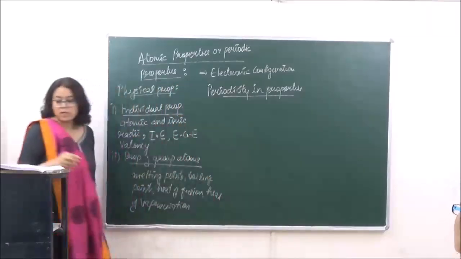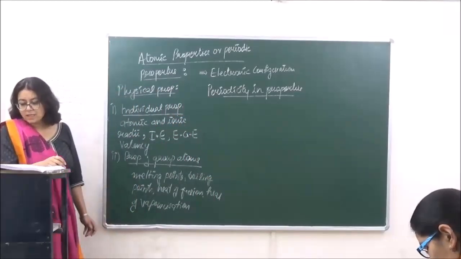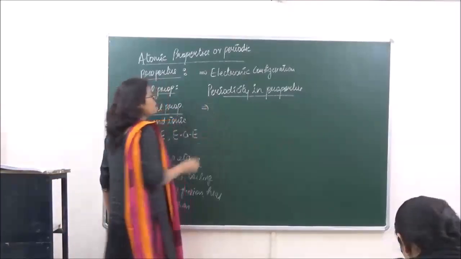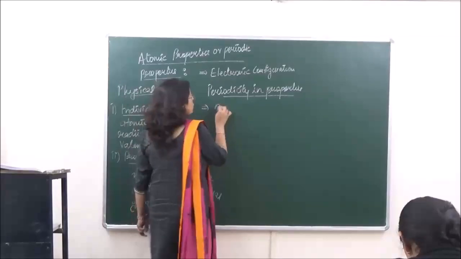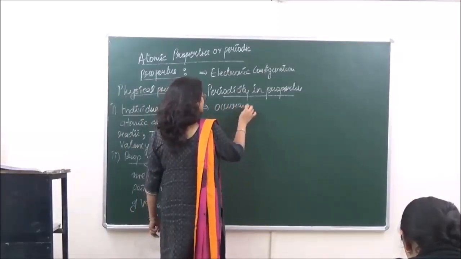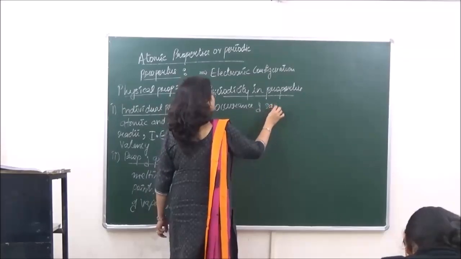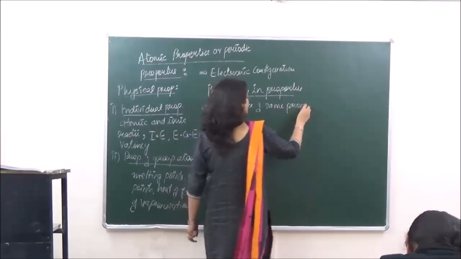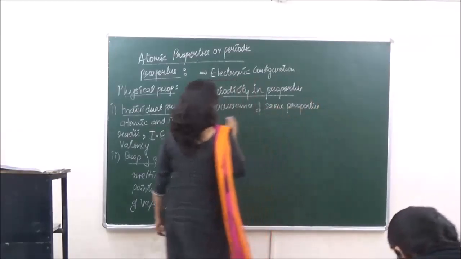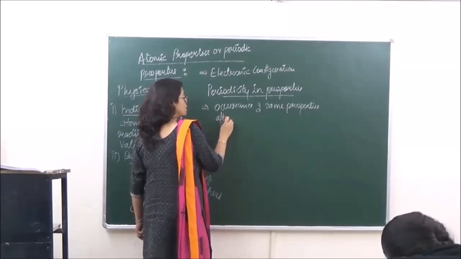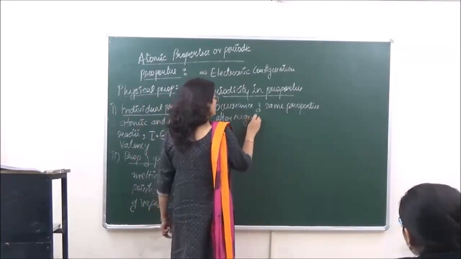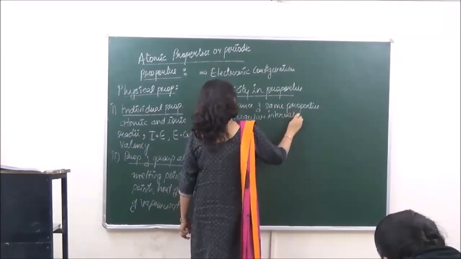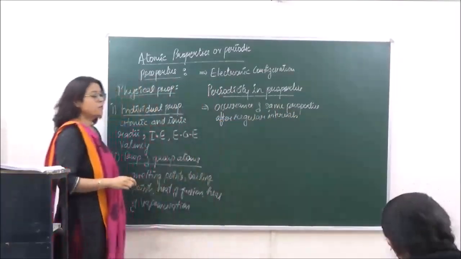Periodicity in properties, if you're defining it, is the occurrence of same elements with same properties after regular intervals in the periodic table.